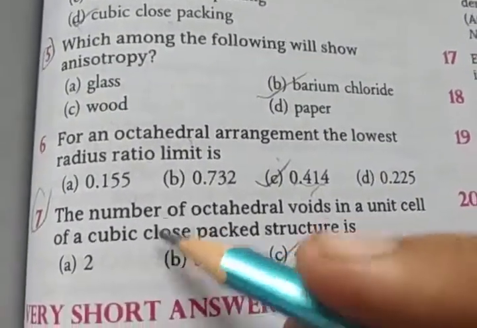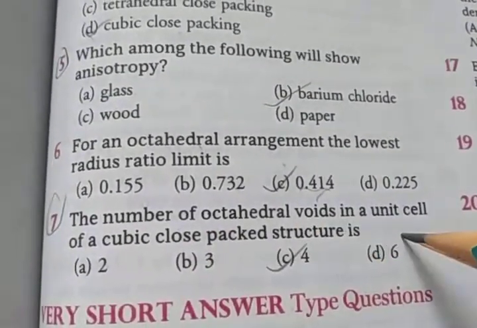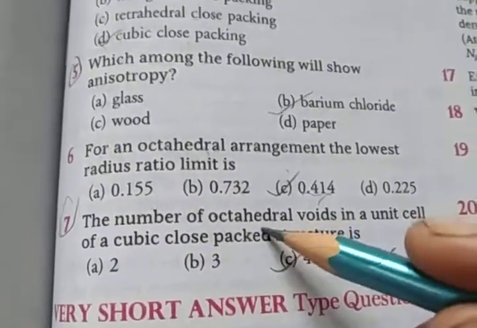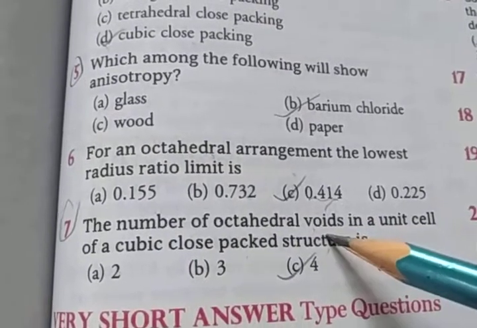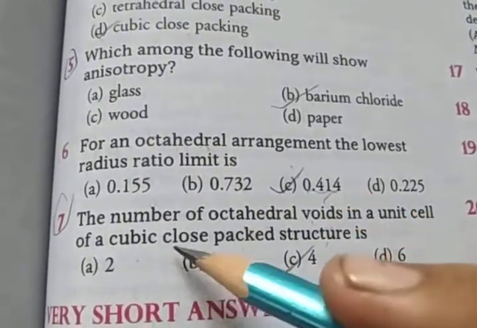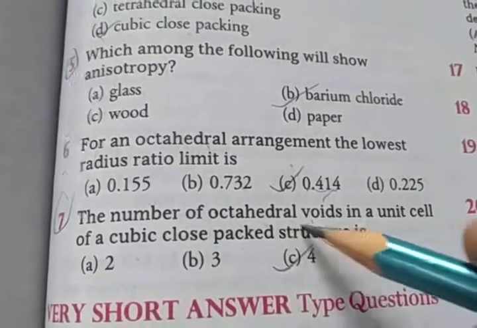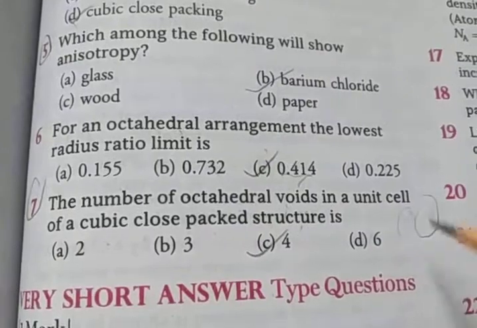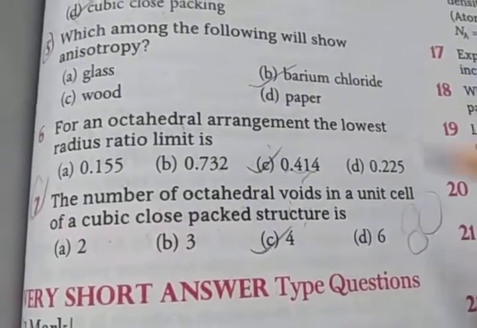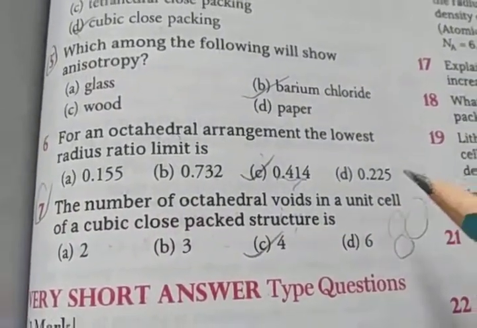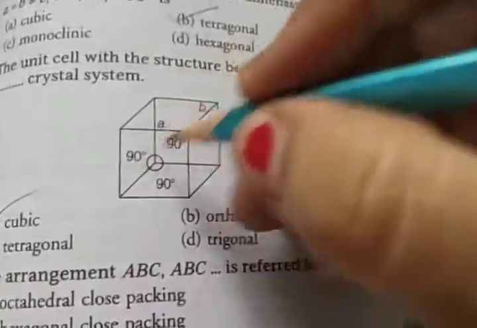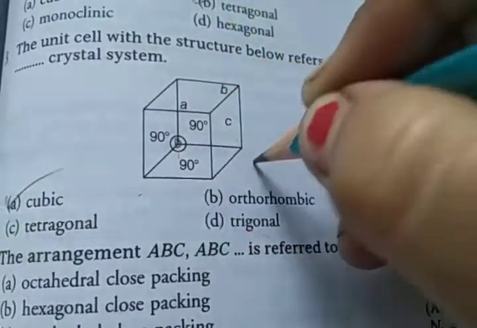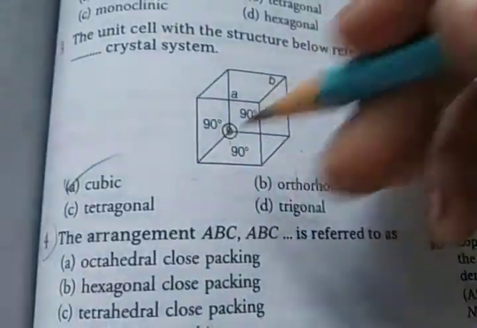Next: the number of octahedral voids in a unit cell of a cubic close packed structure is 4. See this way, in the cubic close packed structure, one element this way 1, 2 and 3, and then one at the backside, so the total is 4. So the number of octahedral voids in a unit cell of a cubic close packed structure is 4.